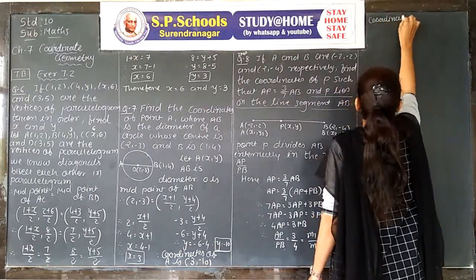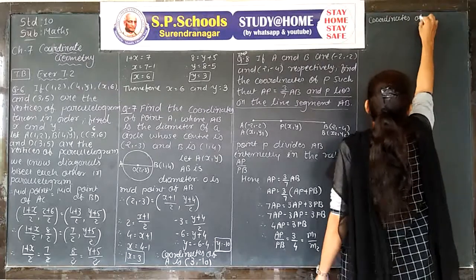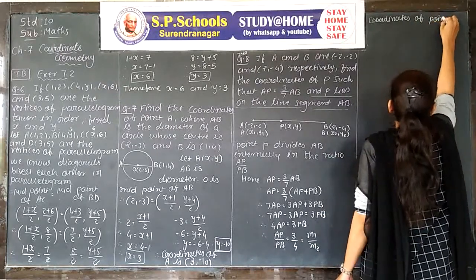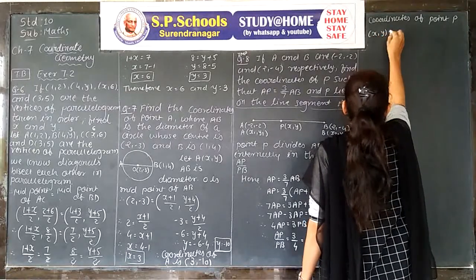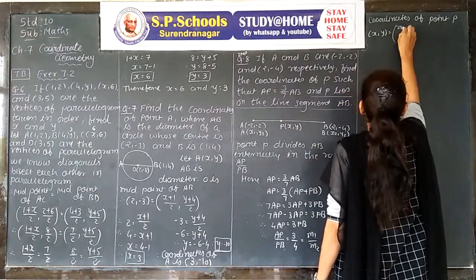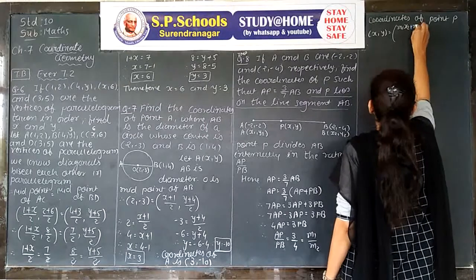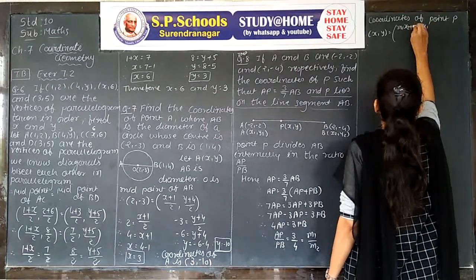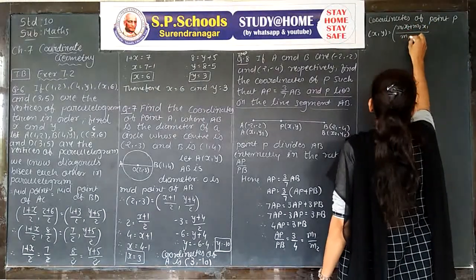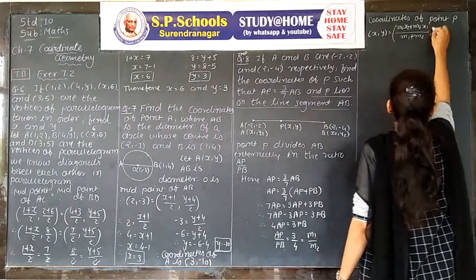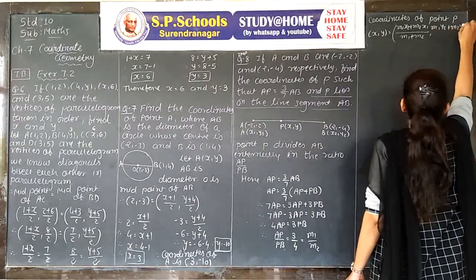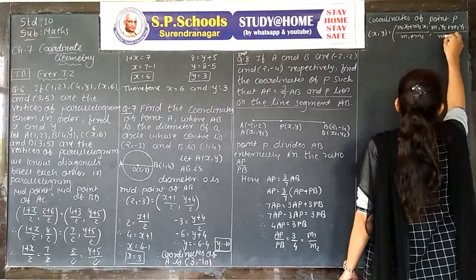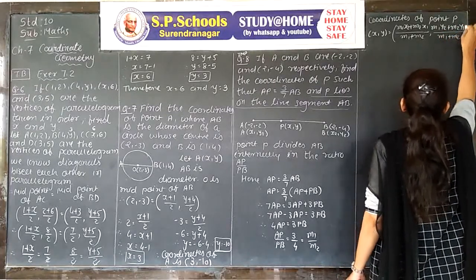Coordinates of point P: (x, y) is equal to (m1 x2 plus m2 x1) upon (m1 plus m2), comma (m1 y2 plus m2 y1) upon (m1 plus m2).